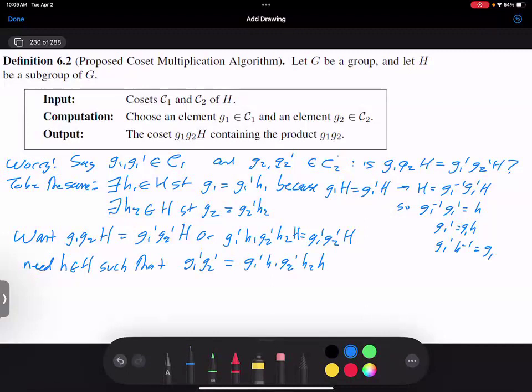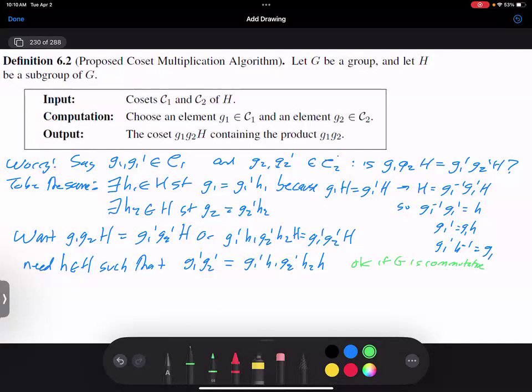Now, if the group was commutative, we'd be fine. Because if G was commutative, we could then move the H1 through the G2 prime, and then we would just choose H to be H2 inverse, H1 inverse.